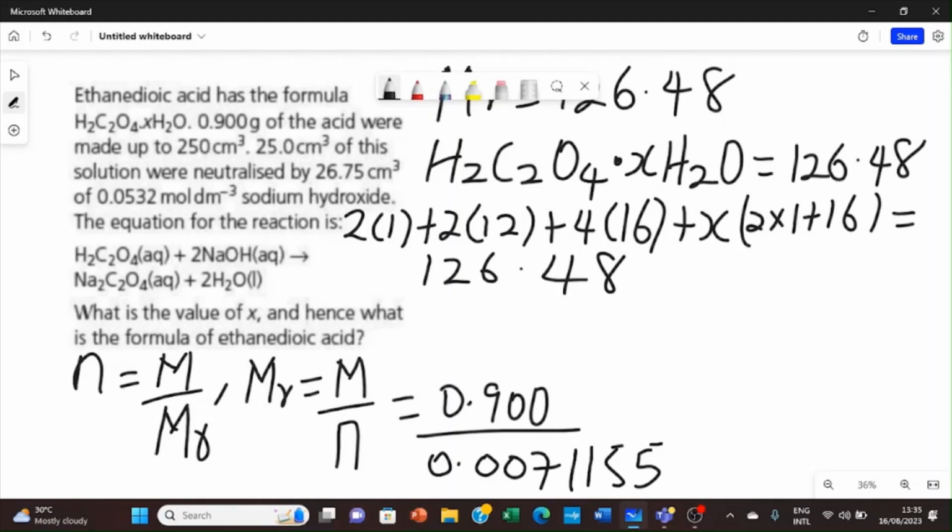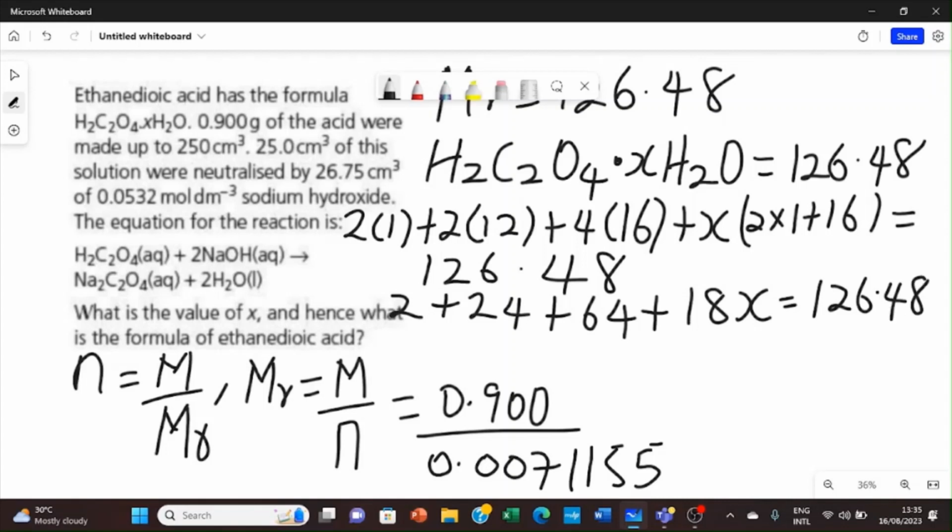So hydrogen is 1, so 2 times 1 is 2, plus 2 times 12 is 24, plus 4 times 16 is 64, plus X times (2 times 1 plus 16, which is 18). So we have 18x is equal to what?